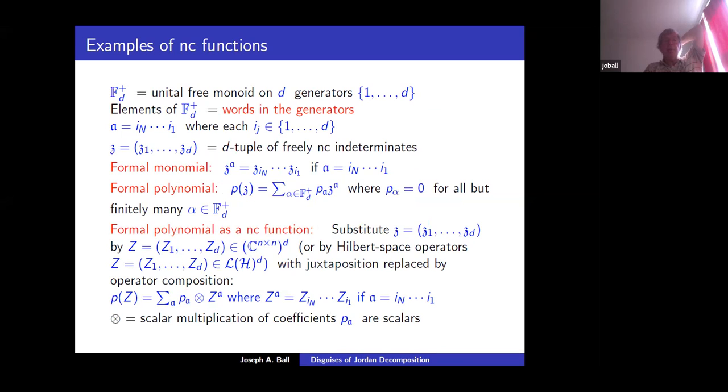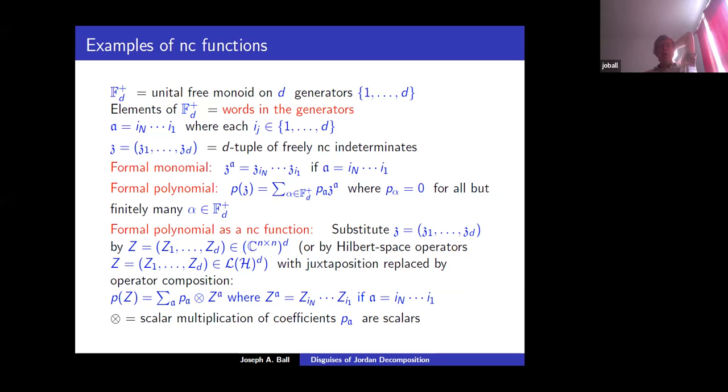And then Fraktur Z is the d-tuple of freely non-commuting indeterminates. We have formal monomials. Z to the power a is the product of the Z's in the order given by the word, Fraktur a.